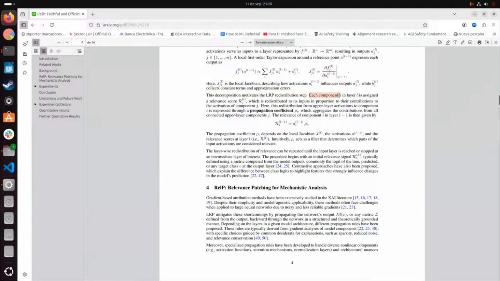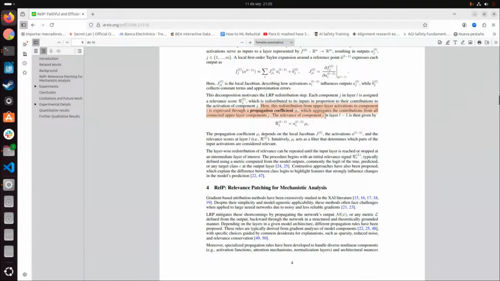Each component j in layer L is assigned a relevance score, which is redistributed to its inputs in proportion to their contributions to the activation of component j. Here, the redistribution from upper layer activations to component i is given by the propagation coefficient, which includes contributions from connected upper layer components.